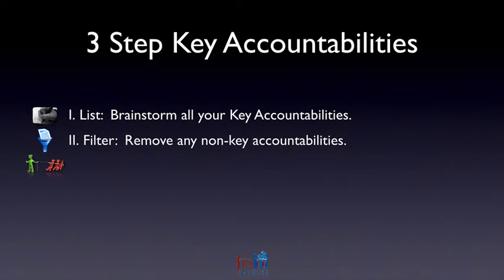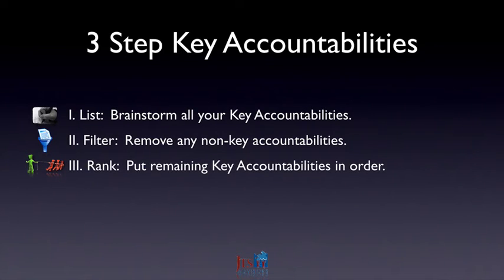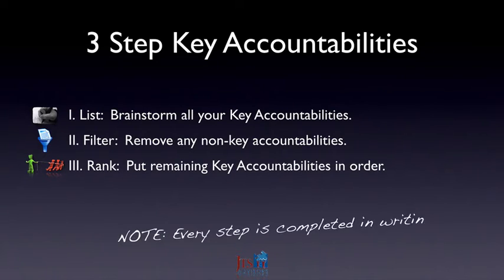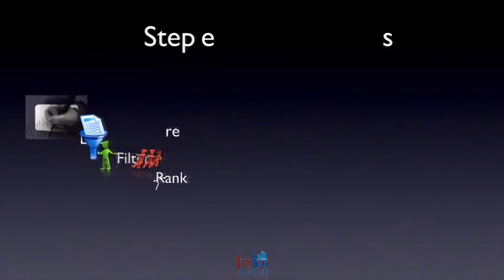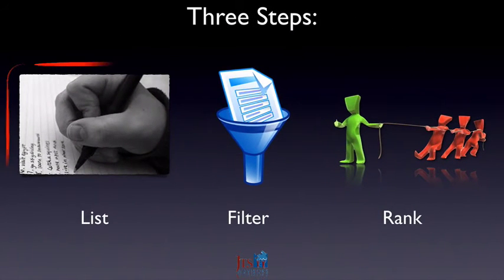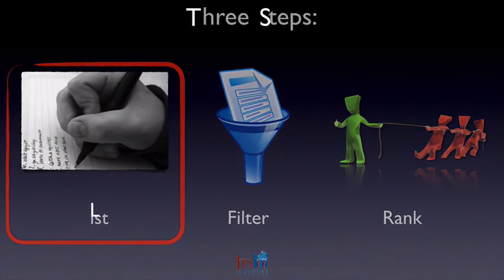In step 2, the filter step, you're going to remove anything that's not a key accountability. And then the third step, the ranking step, you're going to put the remaining key accountabilities in order. And all of this is done in writing. Everything you want to do inside of this process, you should do in writing so you've got clarity in that process. Really helps.